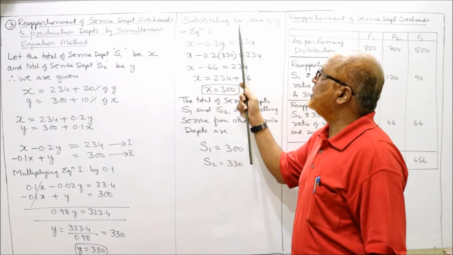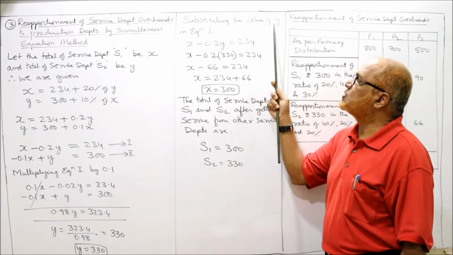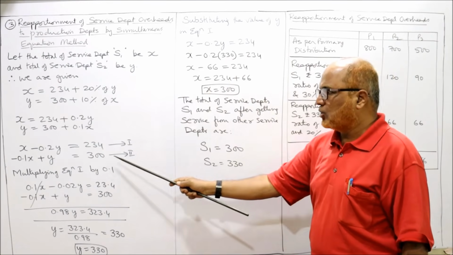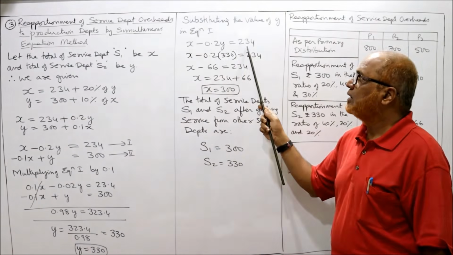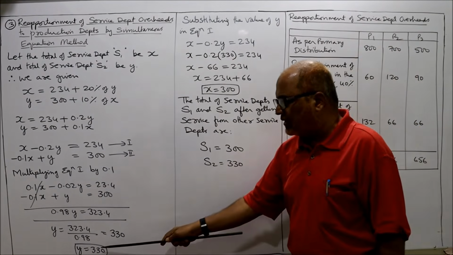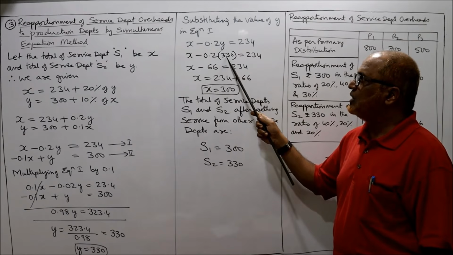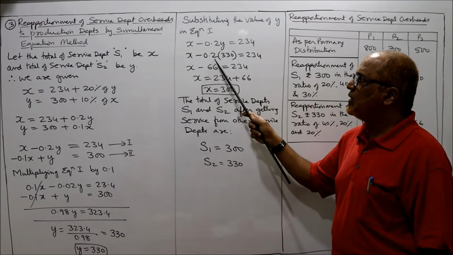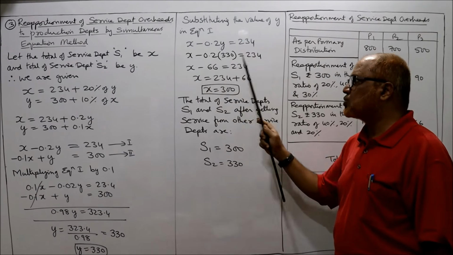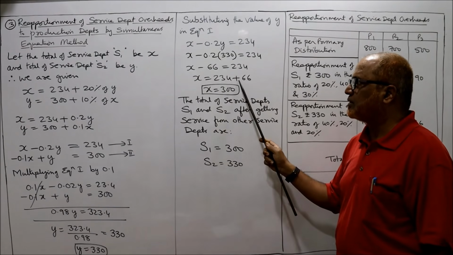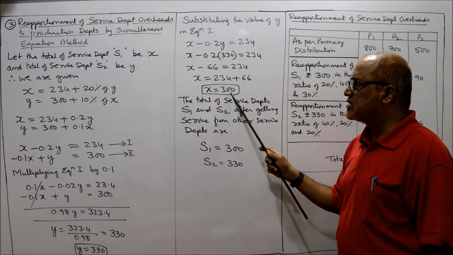Now substituting the value of y in equation 1. So equation 1 is this one: X minus 0.2 y is equal to 234. अब इसमें y का value already we got it 330. Substitute 330. So x minus 0.2 into 330, 66, is equal to 234. Take this 66 to RHS. So minus will become plus. So 234 plus 66, 300.